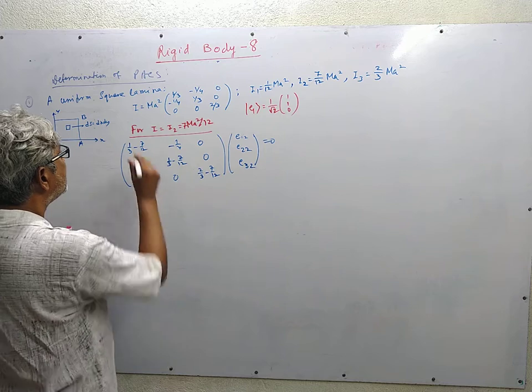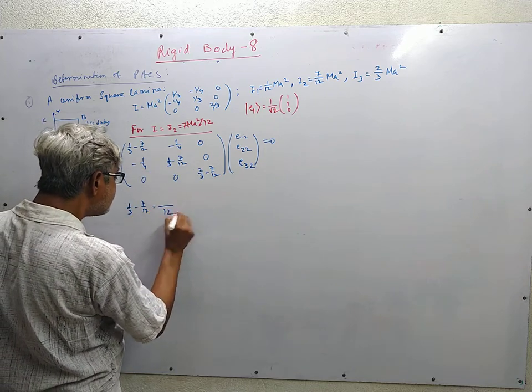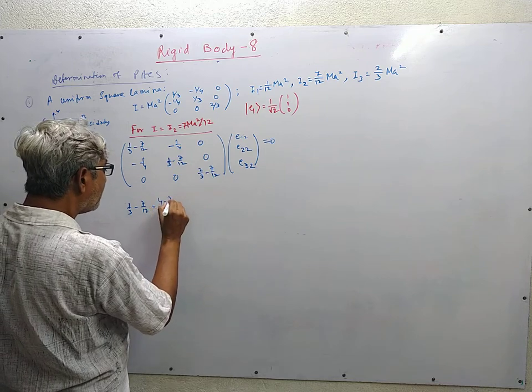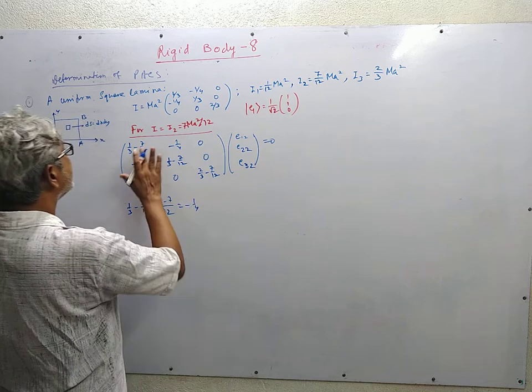The factor 1 by 3 minus 7 by 12, which is 4 minus 7 over 12, is minus 1 upon 4.